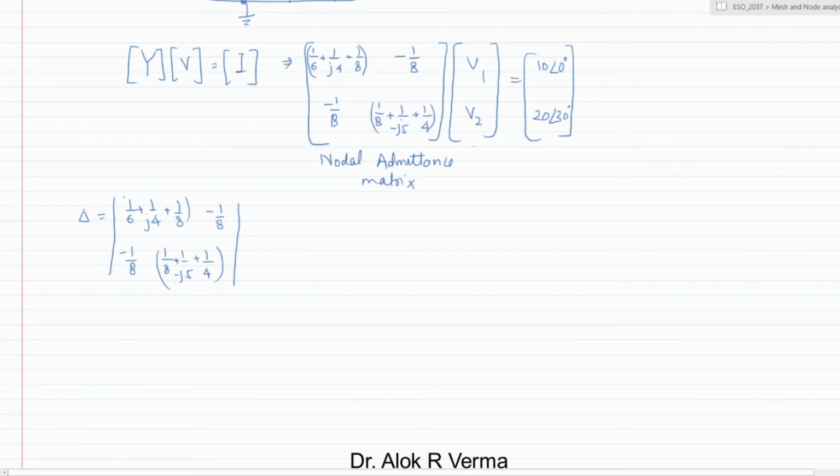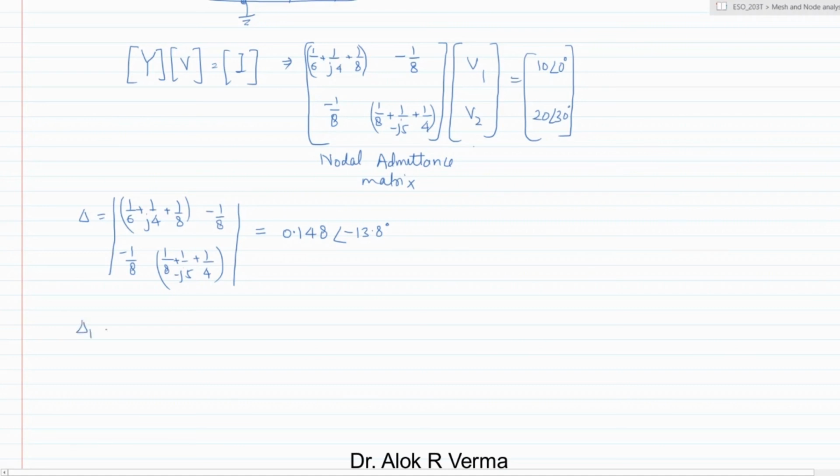Okay, and when you solve it, you can find this value as 0.148 angle of minus 13.8. Okay, so this is the magnitude of del, which is the nodal admittance matrix determinant.